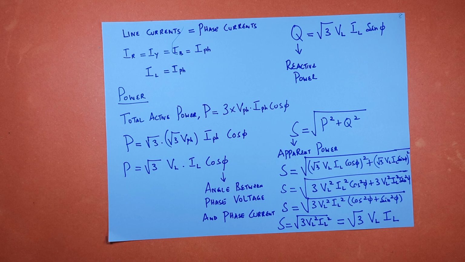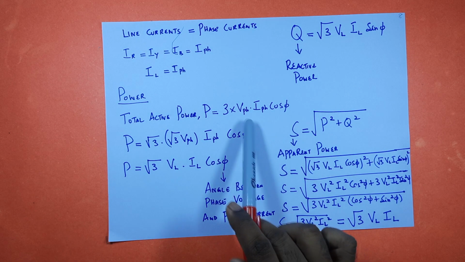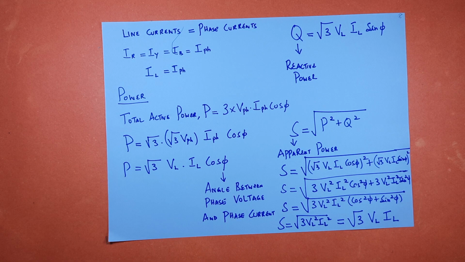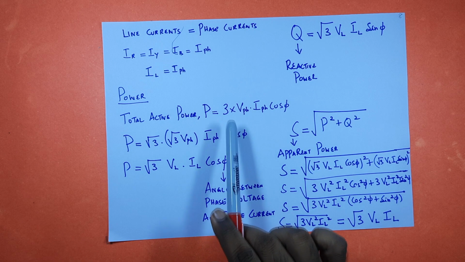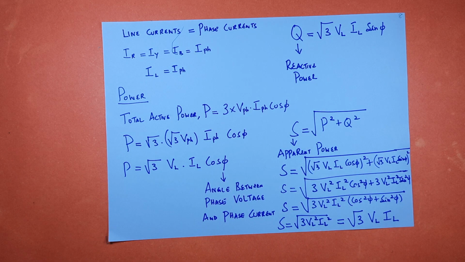So it is nothing but single phase power. Power in a single phase AC circuit is VI cos phi. Same formula, V phase I phase cos phi. Since it is three phase, we are multiplying by 3. So active power P equal to 3 V phase I phase cos phi.